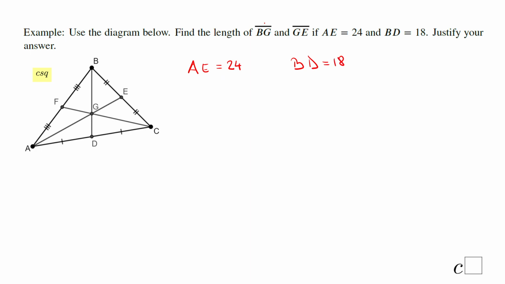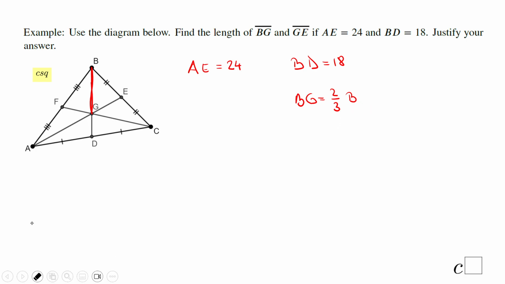How do I get BG? BG is this segment that connects the centroid. By the way, that point G is the centroid of the triangle ABC. And this segment should be 2/3 of BD, I just used the centroid theorem, of BD, not BG, obviously.